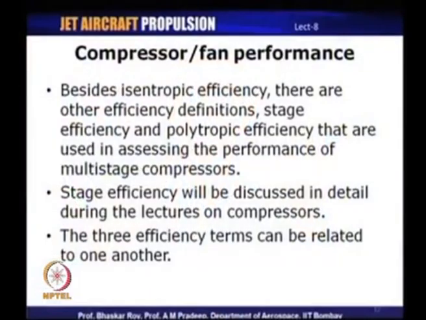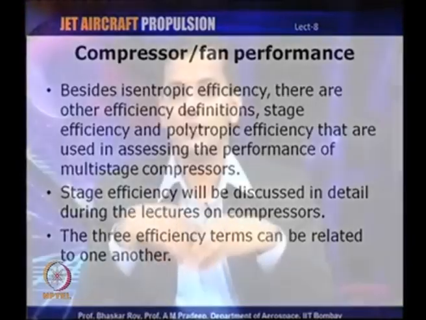Besides the isentropic efficiency, there are other efficiency definitions that are possible. Some of them are stage efficiency and polytropic efficiency, and these are used when we try to look at the actual nature of the compressor itself.